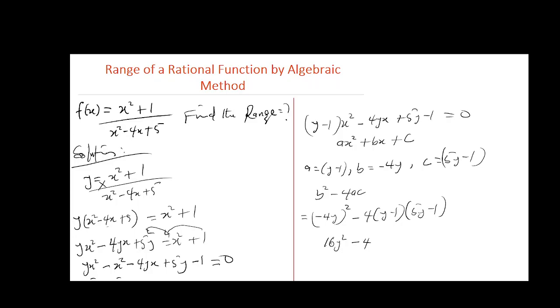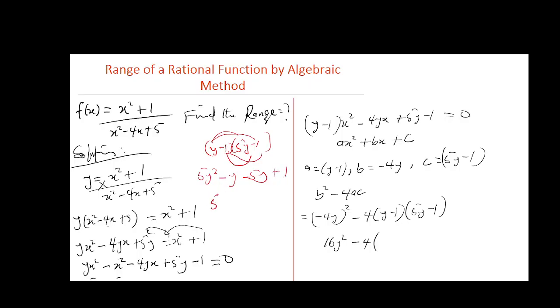Minus, if we expand y minus 1 and 5y minus 1, let's do this here. y minus 1 multiply 5y minus 1. Okay, y multiply 5y will give us 5y squared, and y multiply minus 1 will give us minus y, and minus 1 multiply 5y will give us minus 5y, and minus 1 multiply minus 1 will give us plus 1.